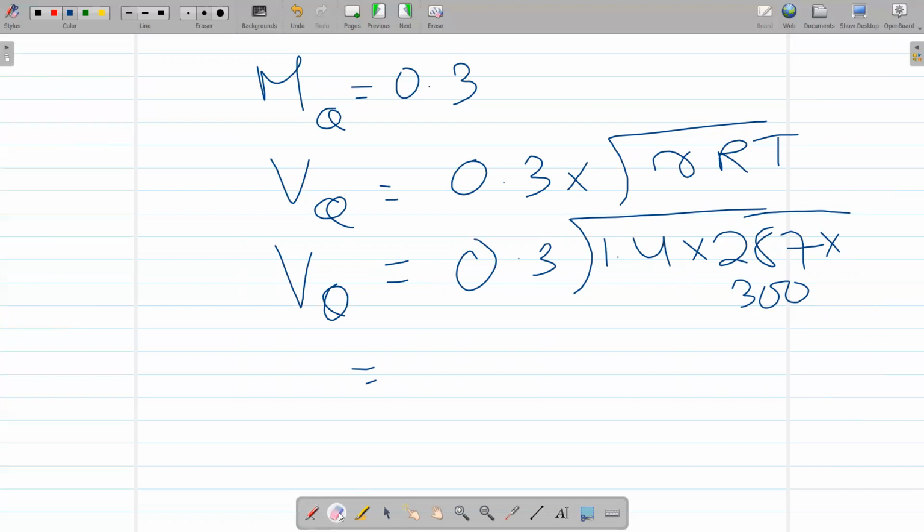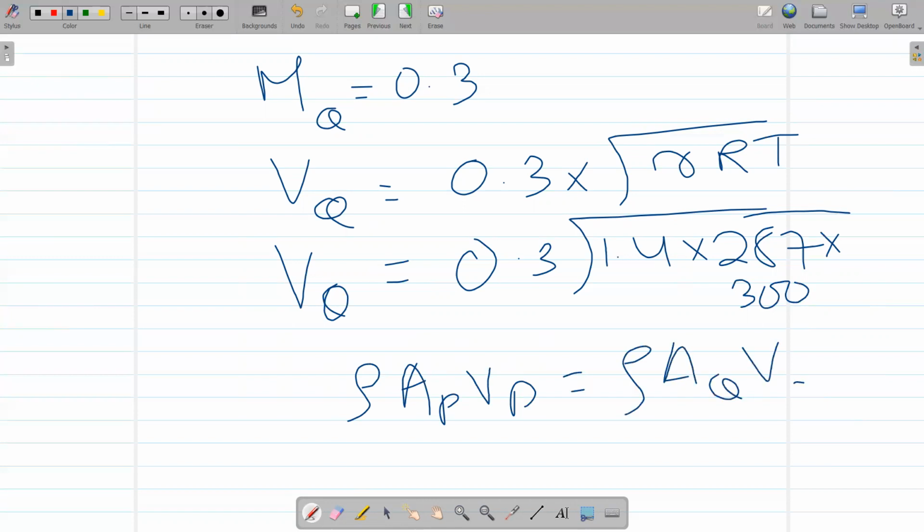So this is the velocity, and now we can apply our mass conservation principle, or the continuity equation. It's an incompressible flow. The flow velocity is less than 0.3 Mach, so it's an incompressible regime, and the density would be the same at both locations P and Q. So rho A_P V_P should be equal to rho A_Q V_Q, and rho will get cancelled because density is the same.